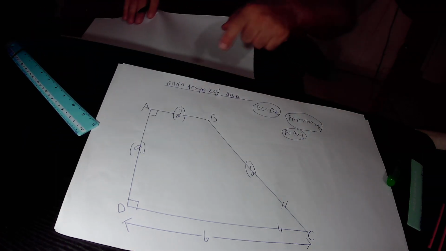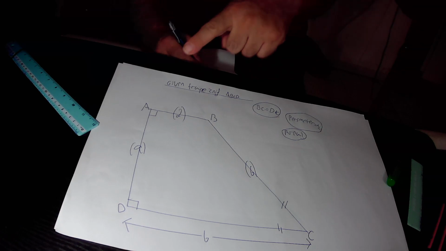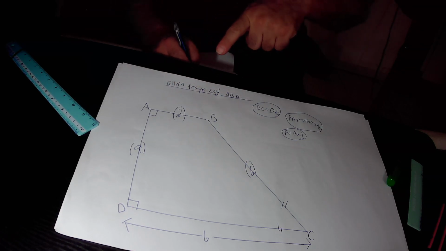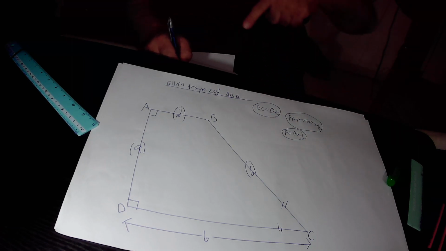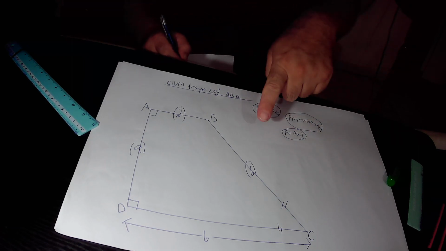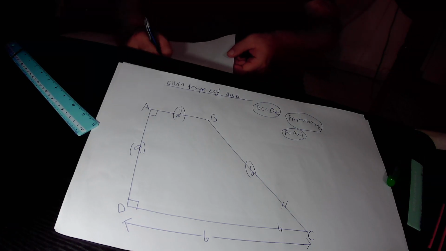AB equals 2 units in its length according to what is given in the question, plus AD is A according to our definition, plus DC is B, plus CB is also B, and it is equal to 16.